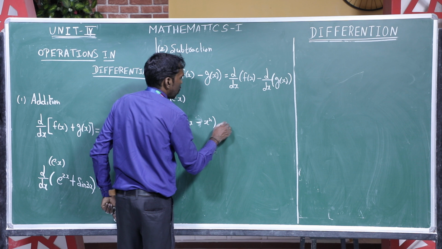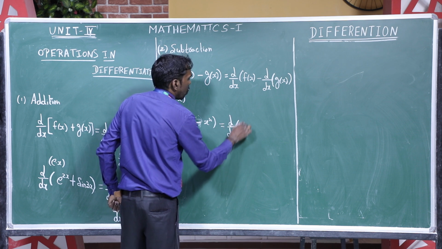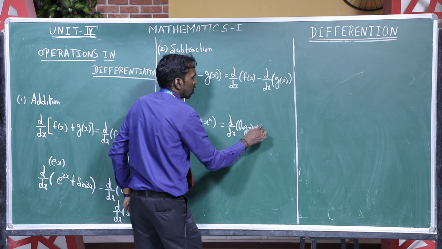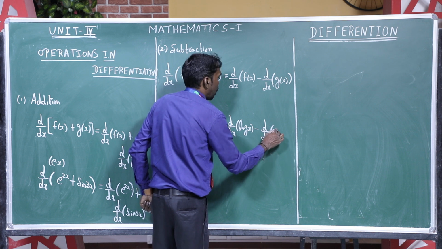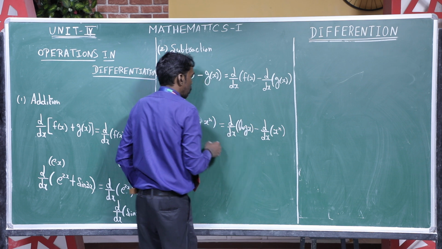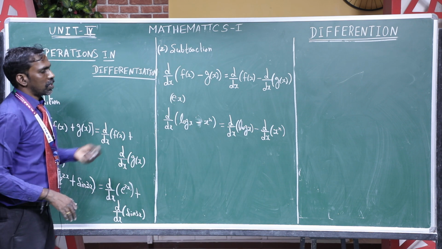So this will be differentiation of log x minus differentiation of x power n. So this will be subtraction of the two functions separately.